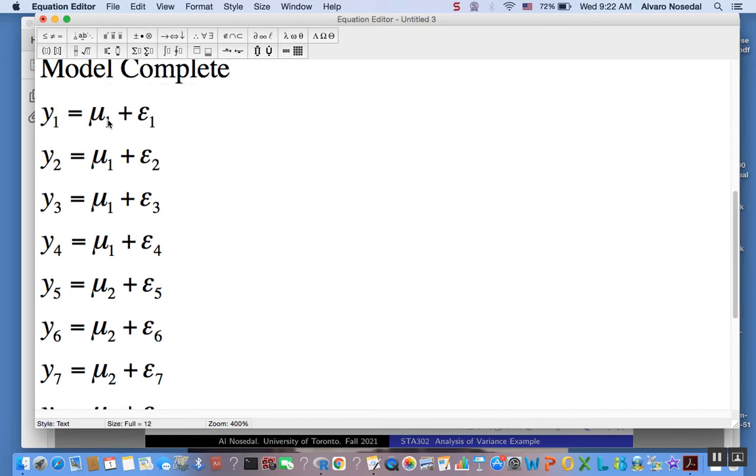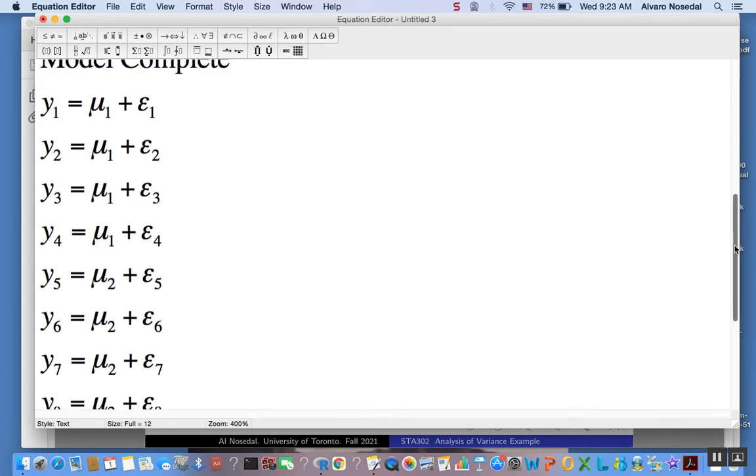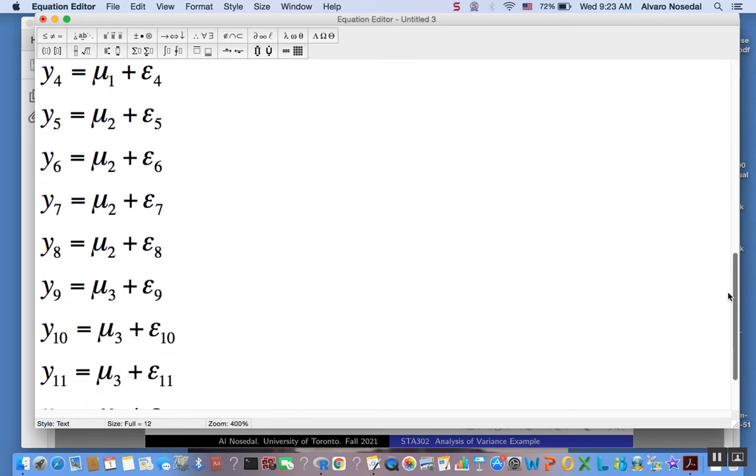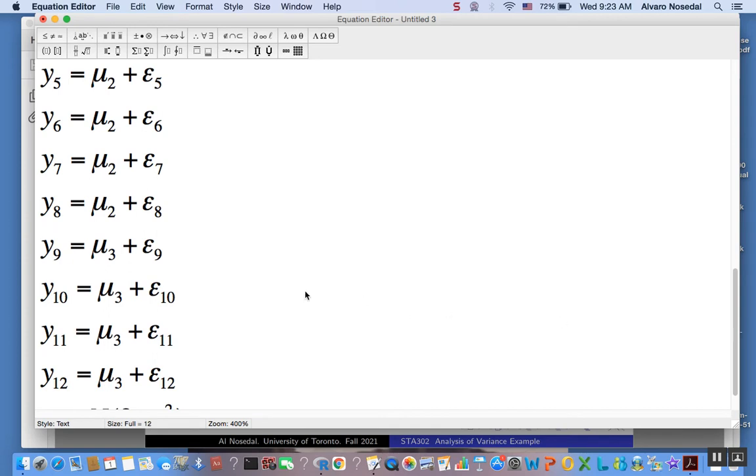We could rewrite it using matrix notation as a vector y with 12 rows and 1 column, and the design matrix is going to look something like this: 1 1 1 1 and then 8 zeros. That's the first column, and then we're going to have 0 0 0 0 and then 4 ones, and finally the third column of our design matrix will be 8 zeros and then 4 ones.